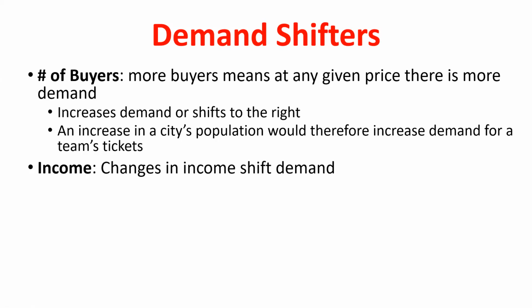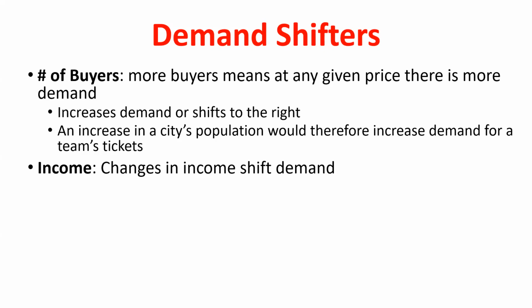Income changes, another thing that we can talk about. If we think about the average income in a city, let's say it's only $20,000, right? Well, if I charged $100 for an NFL ticket in that city, it's probably not going to be that many people that are going to be willing to purchase that ticket given what their current income is.